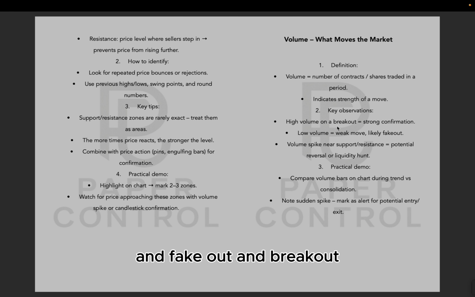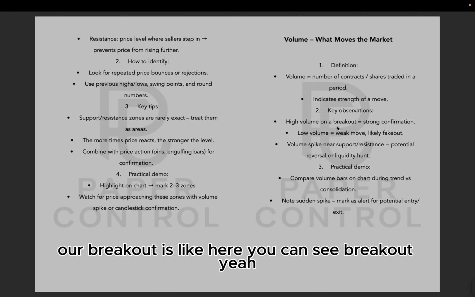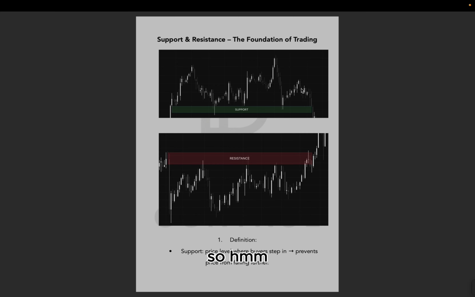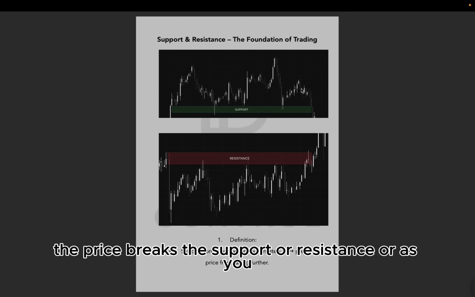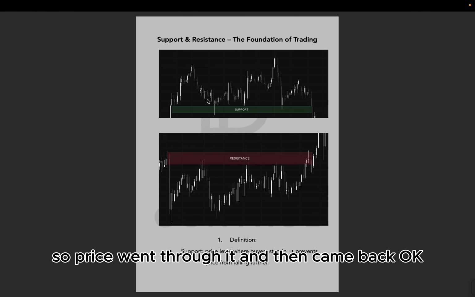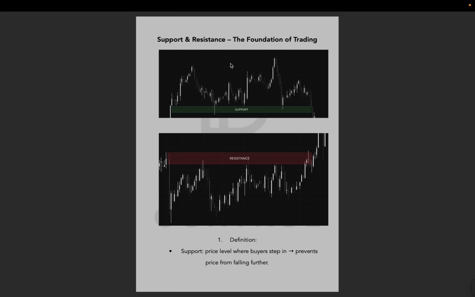Fake out and breakout: here you can see a breakout, where the price breaks the support or resistance. And here is a fake out, where price went through it and then came back.